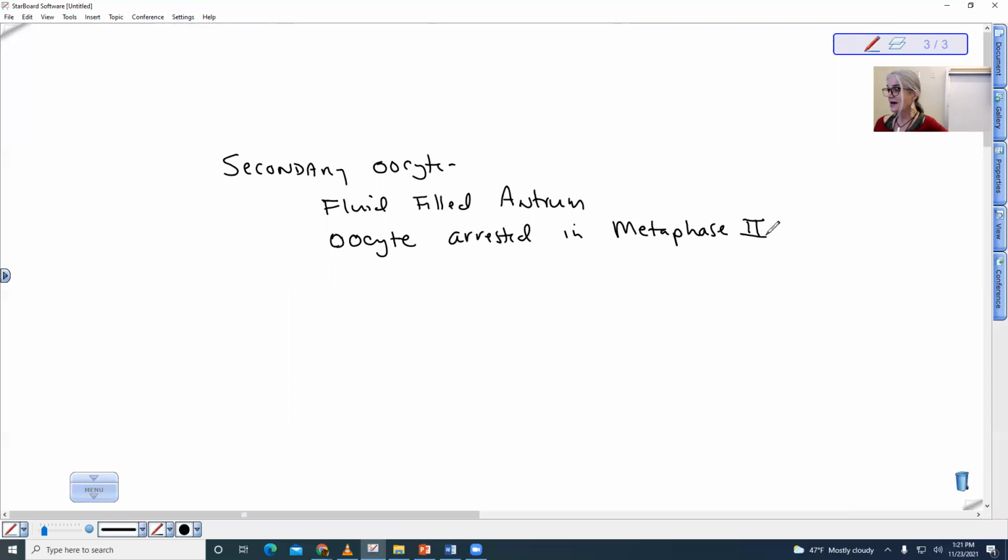Now, around the oocyte is a glycoprotein layer, a barrier called the zona pellucida. The zona pellucida is kind of like a membrane.